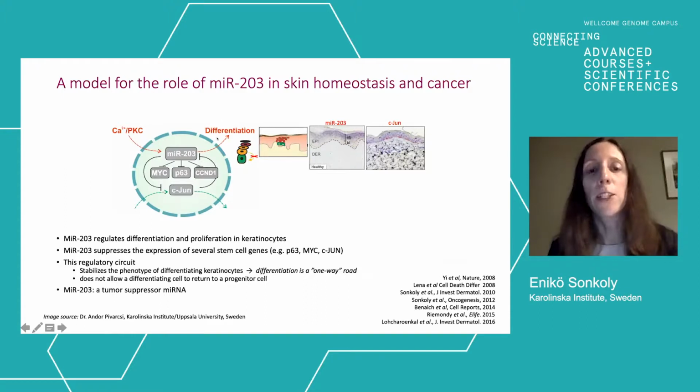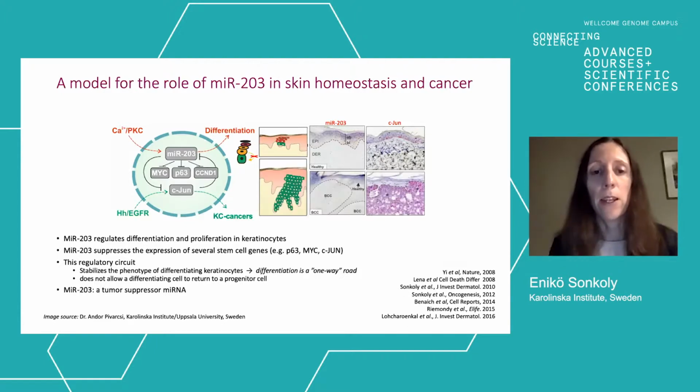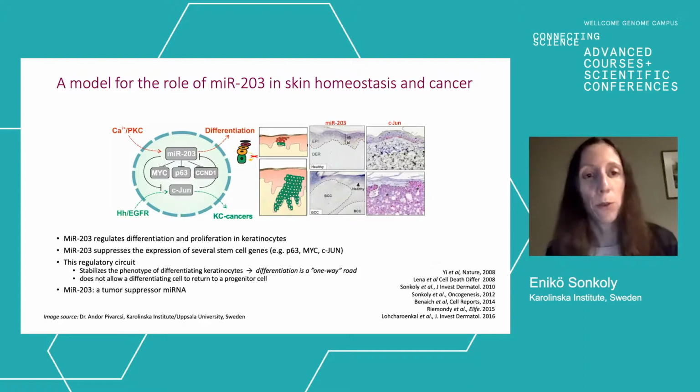So these cells do not turn back. This is a program that they follow. On the other hand, in malignant cells, in BCCs or SCCs, what can happen is that mutations in the hedgehog pathway in BCCs or in the EGFR pathway, typically in SCCs, induce c-Jun or other regulators of miR-203. If c-Jun is high, it suppresses miR-203, which allows high levels of c-Jun, which further suppresses miR-203.